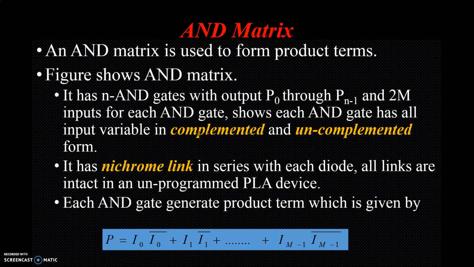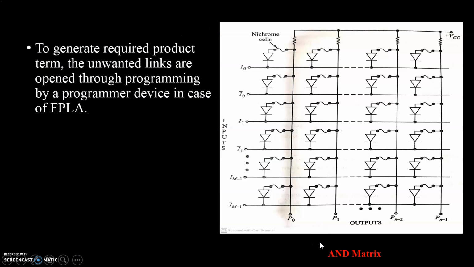It has a nichrome link in series with each diode. All the links are intact in an unprogrammed PLA device. Each AND gate generates the product term which is given by P equals I0 I0 bar plus I1 I1 bar plus and so on up to Im minus 1 Im minus 1 bar.